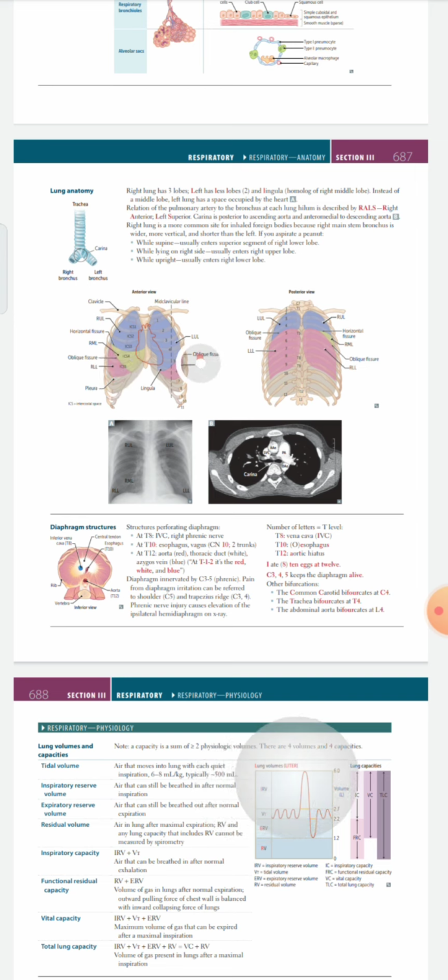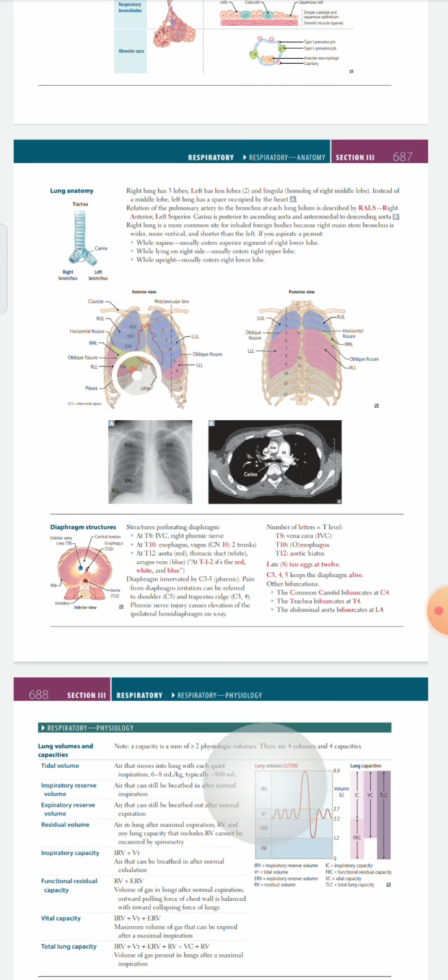And the left lung has two lobes: left upper lobe and left lower lobe. The right upper lobe and middle lobe are separated by the horizontal fissure, and the right lower lobe and middle lobe are separated by the oblique fissure.